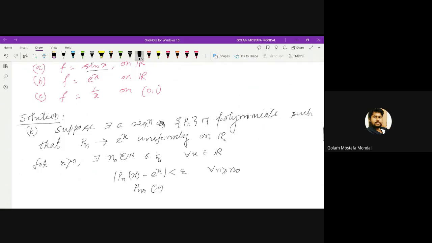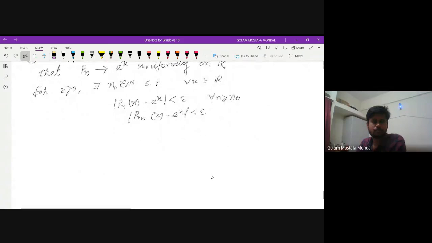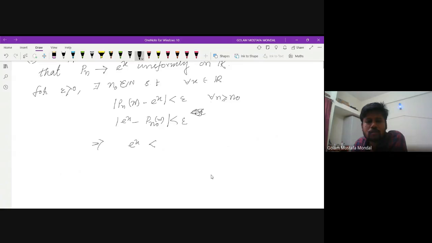So |Pn naught x minus e to the power x| is less than epsilon. Write this as |e to the power x minus Pn naught x| less than epsilon. So this implies e to the power x is less than Pn naught x plus epsilon.